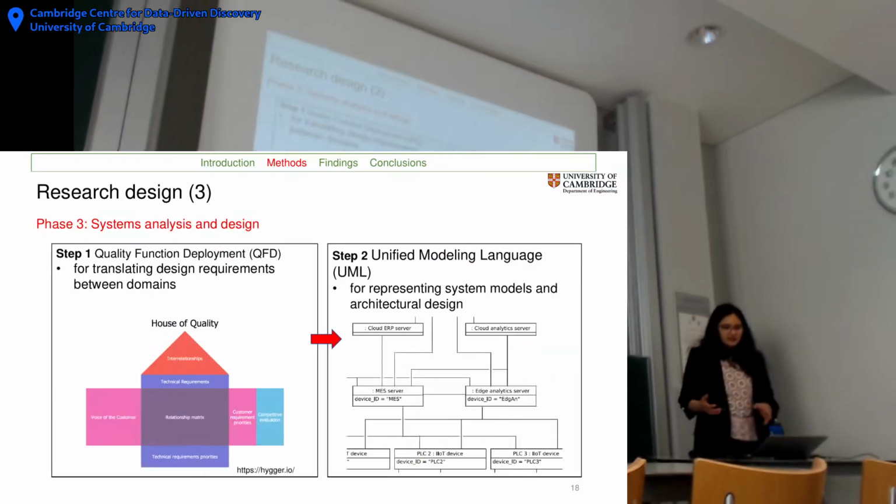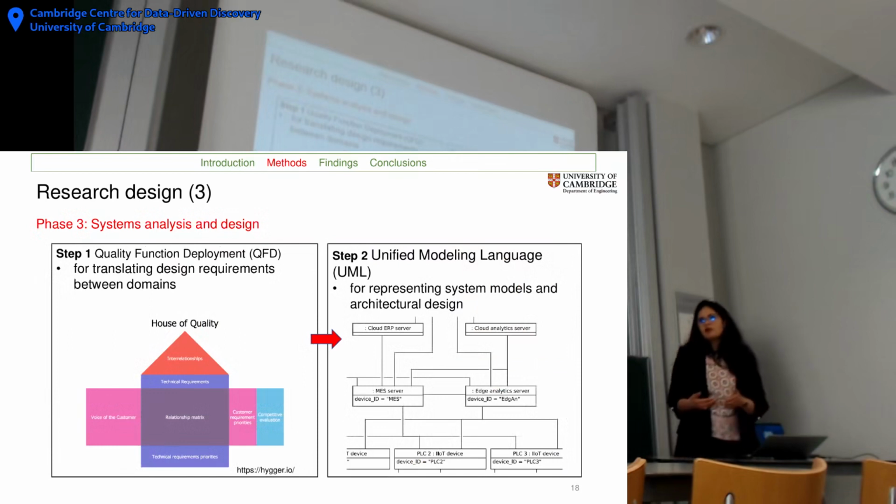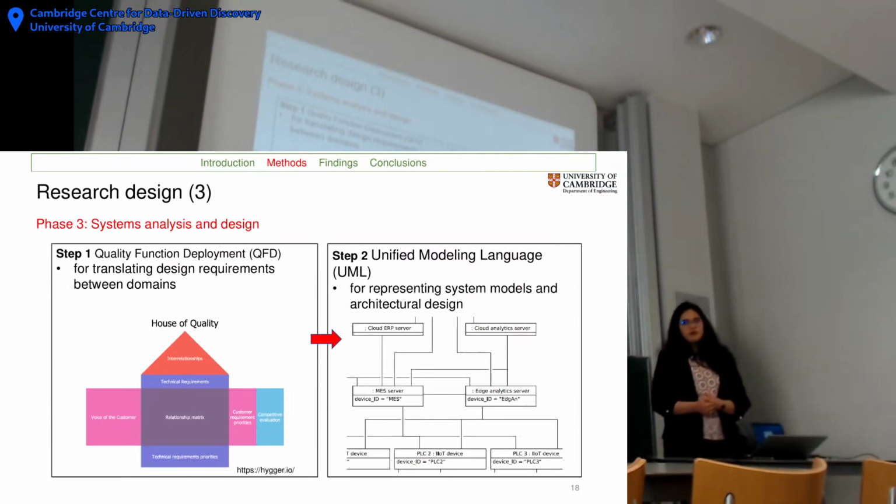And then the last phase was actually about the real design. And in that design part, we used QFD, which is Quality Function Deployment Method. So that's a very popular systems engineering approach that many industrial engineers use.